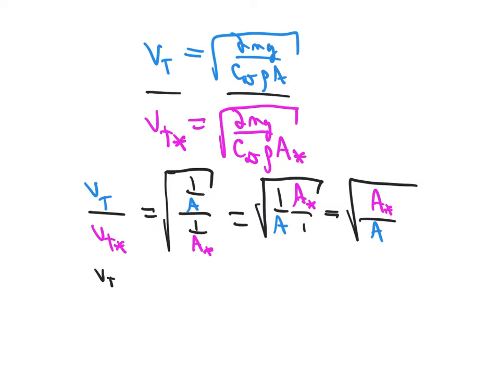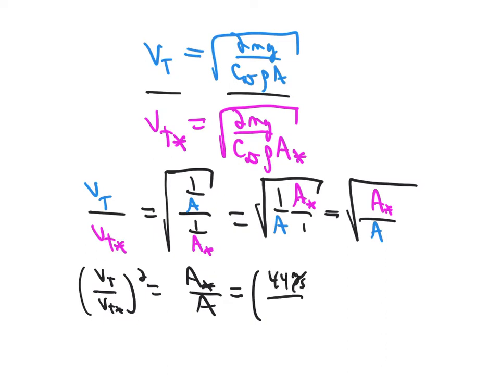So Vt over Vt star, squared, equals A star over A. The thing we actually want is A star over A, the ratio of their areas, and it's going to be the ratio of 44 meters per second to 2 meters per second, squared, or 22 squared, which turns out to be somewhat more than 400.